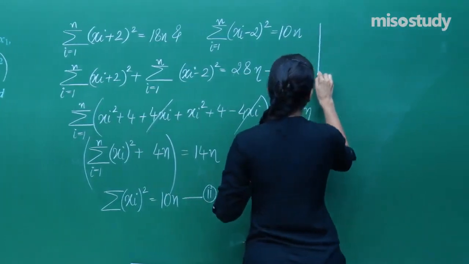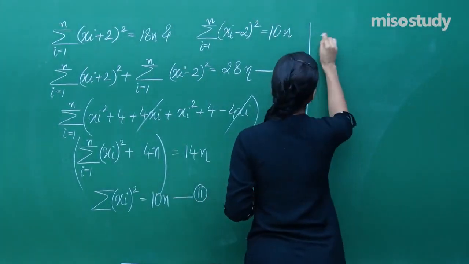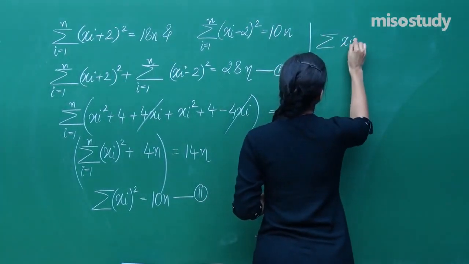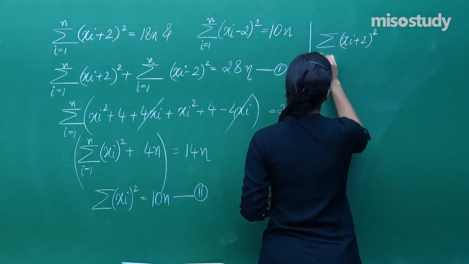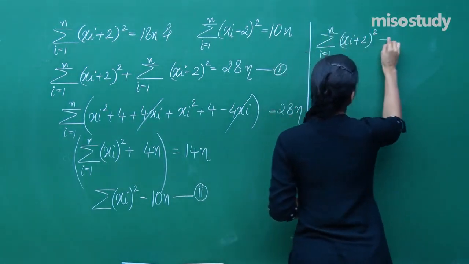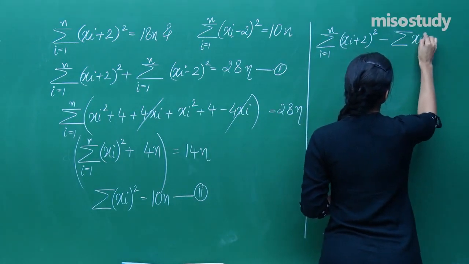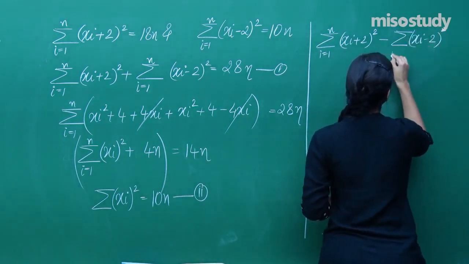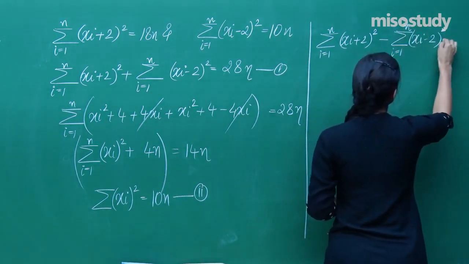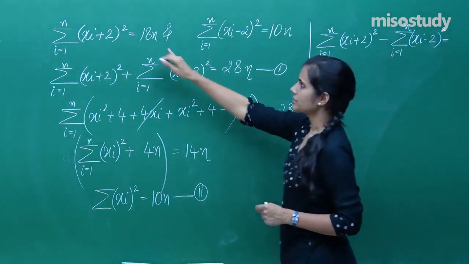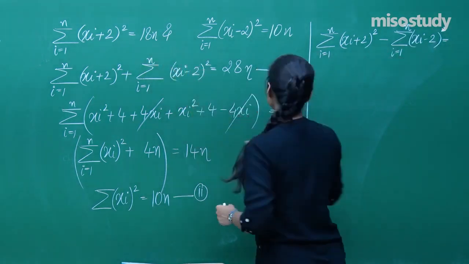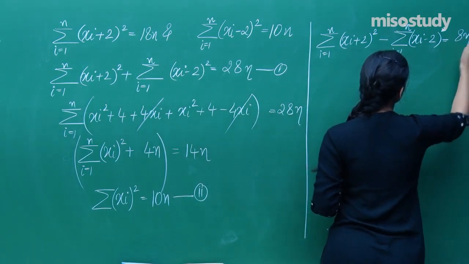When you subtract these two, what do you get? Summation (xi plus 2) whole square minus summation (xi minus 2) whole square is equal to 18n minus 10n, which is 8n.